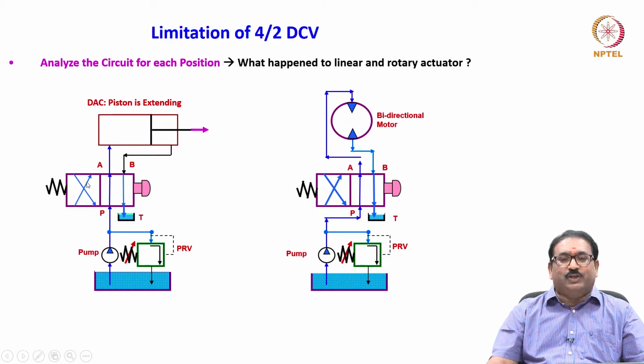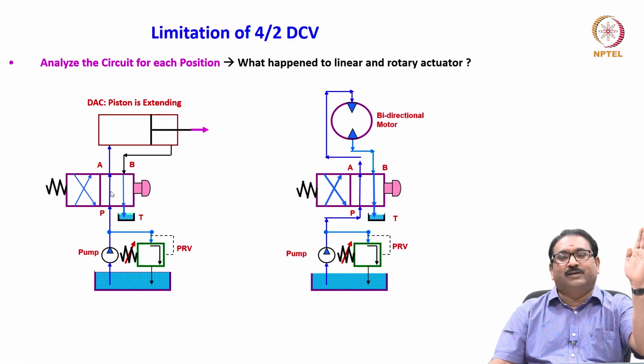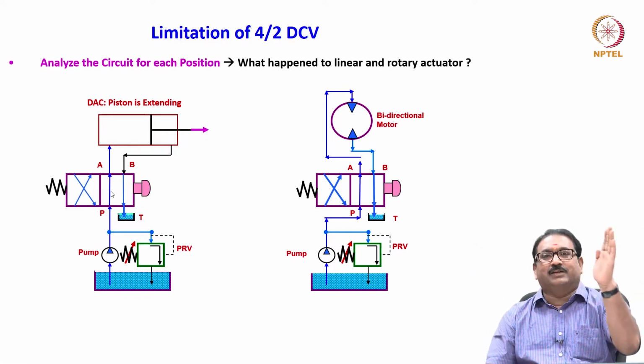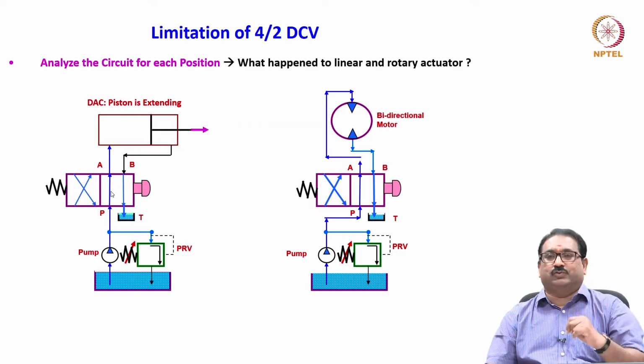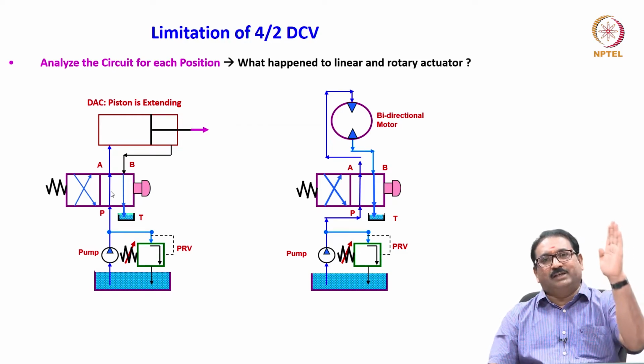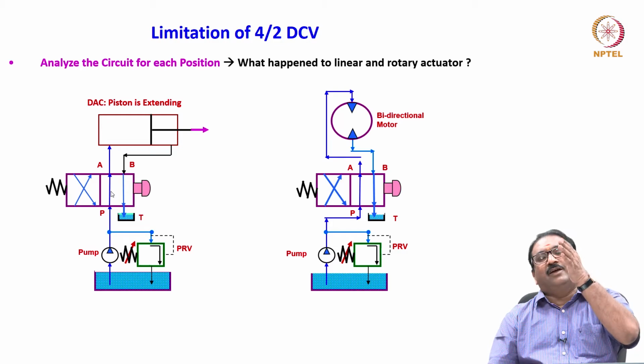Meaning in each position, the cylinder will extend, retract, extend, retract. There is no null position, until you switch off your power source or pump. Otherwise, it keeps extending, retracting, because each valve position sends the flow either to the head side or to the tail side.